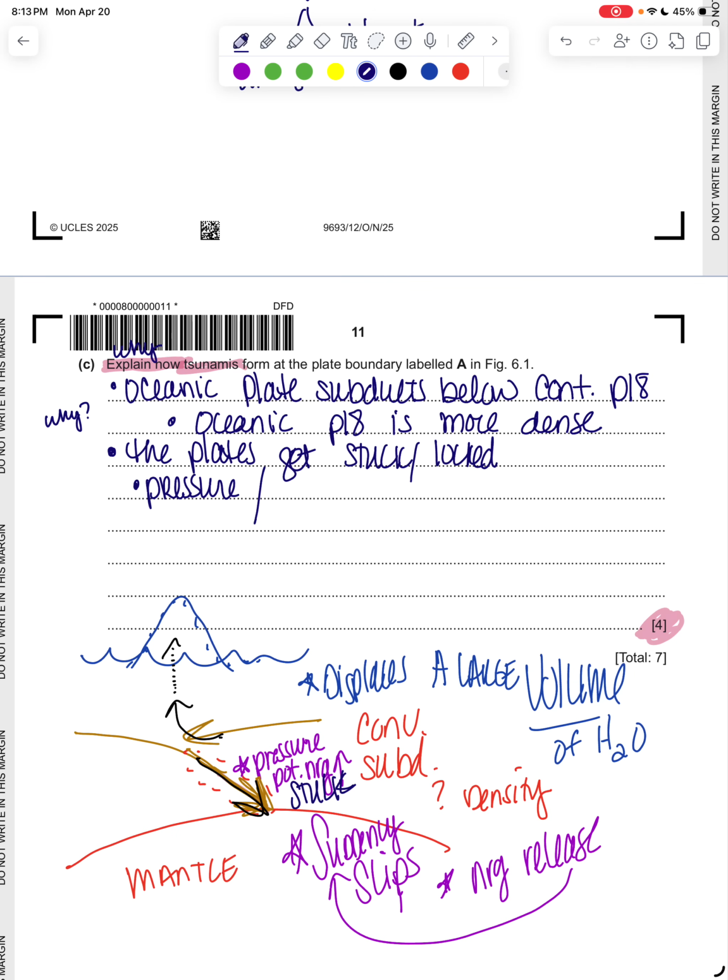And pressure, or you could talk about potential energy. I think of this like an arm wrestle. There's so much energy in there before, like, the arm wrestling's actually over, but there's so much energy in there you don't necessarily see it. It's just stored energy. Pressure, potential energy increases, or you could say it builds up.